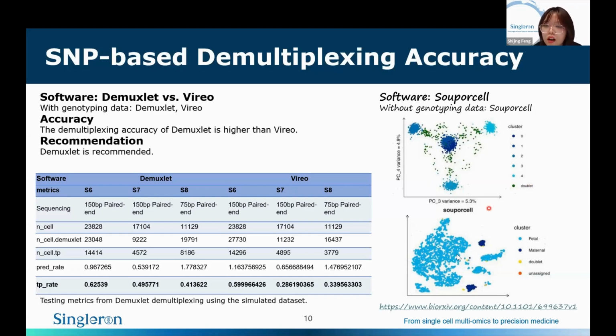For example, here, this is a data set mixed of the maternal and fetal cells. So first, by using Supercell, it is going to cluster the cells into different clusters.